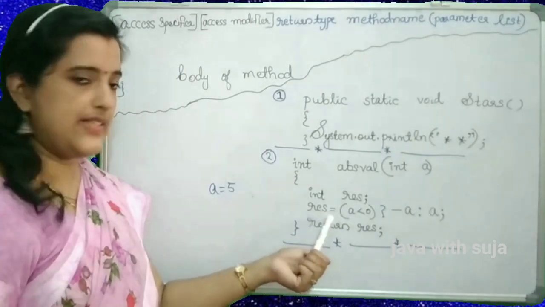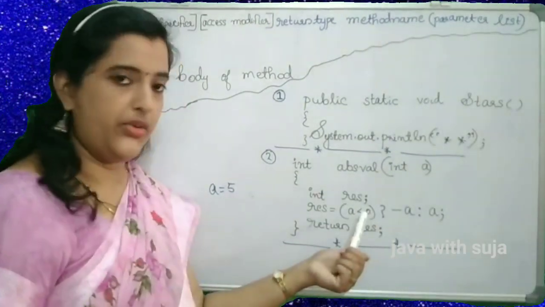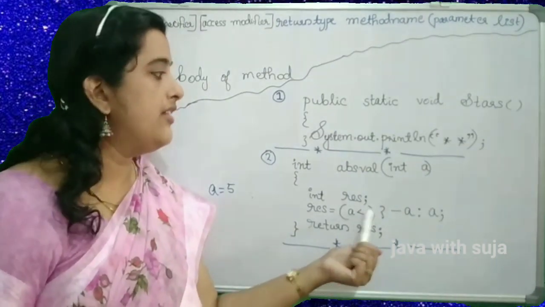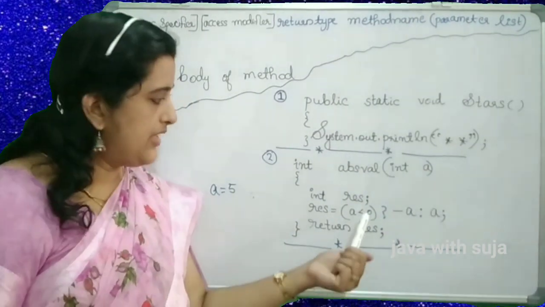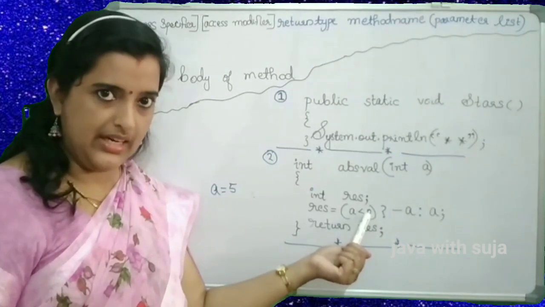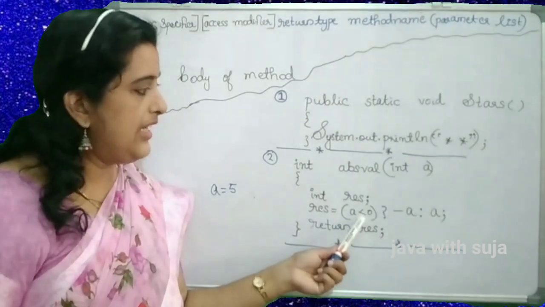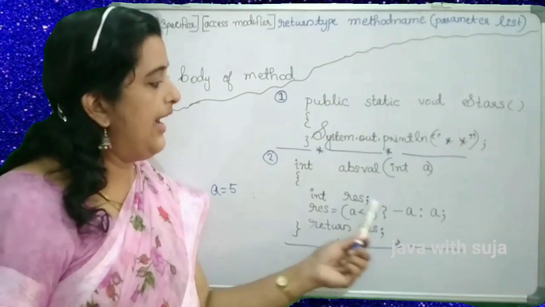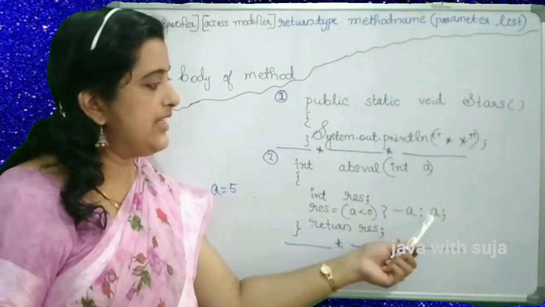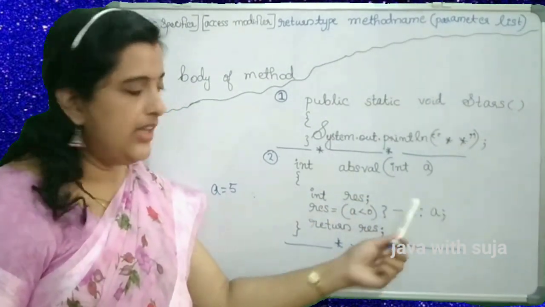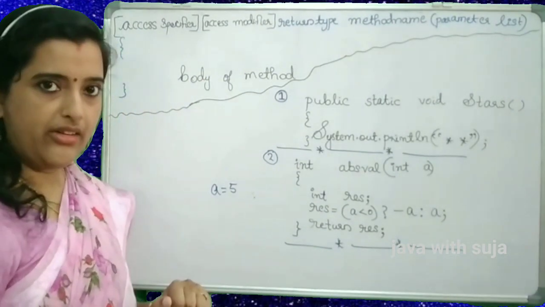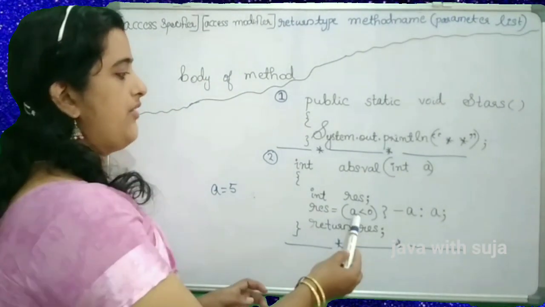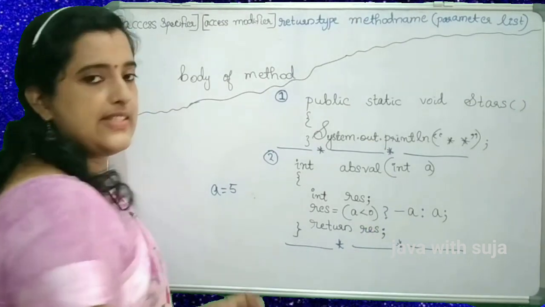Now see the execution of this ternary operator. You know a ternary operator takes 3 operands. In the first part, it will check the condition, and if this condition is true, it will return the first part as the output, and if it is false, it will return the second part as the output. So let us see this example. Value of a is 5. So you will check whether 5 is less than 0.